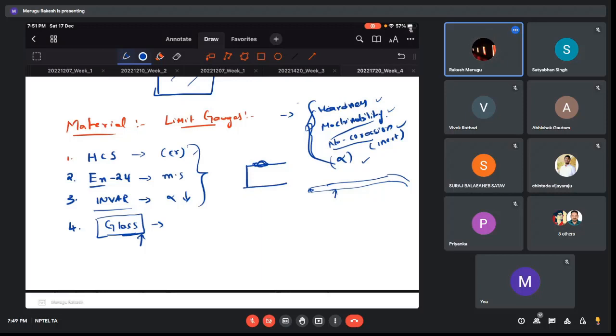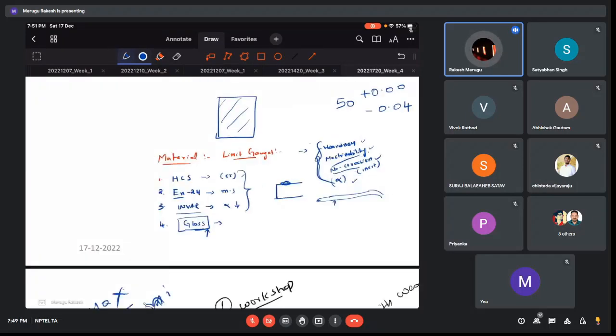It will break. So we have to take a new device and use it. So that's the concept of using glass, and these are the types of materials that we use.